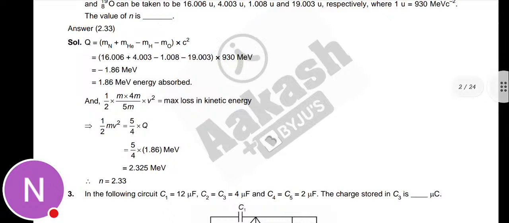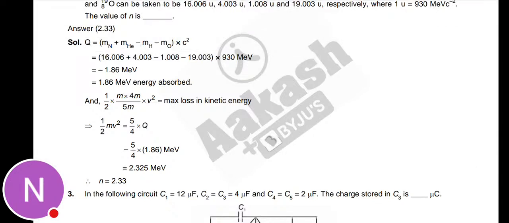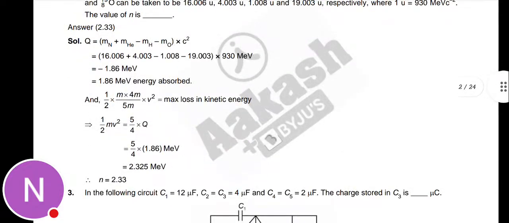So therefore 1.86 MeV energy is absorbed, and 1 by 2 into m into 4m by 5m into v square is the mass loss in kinetic energy. So therefore 1 by 2 mv square is equal to 5 by 4 into Q. So therefore 5 by 4 into 1.86 MeV. Here the MeV value we have got. So therefore it is equal to 2.325 MeV. That we can also write as n is equal to 2.33. So 2.325 also if you write, they will give 3 marks definitely.